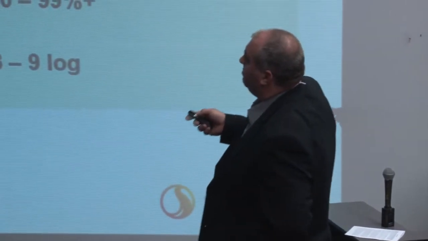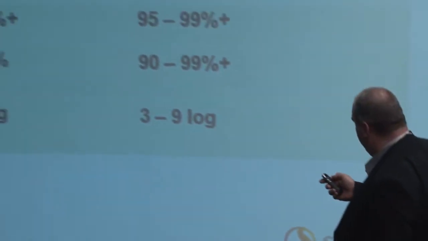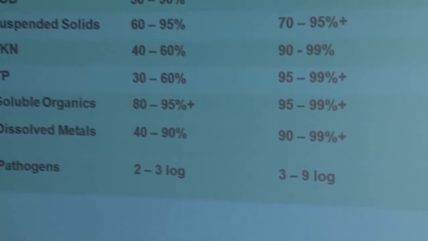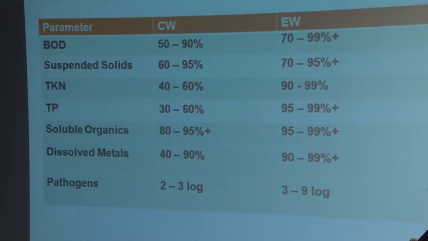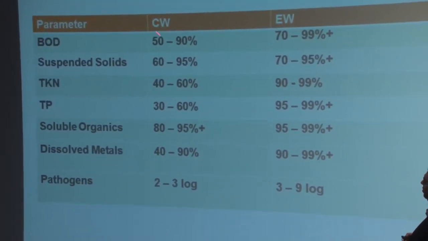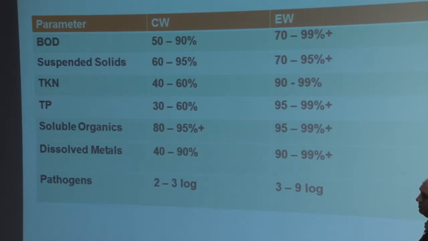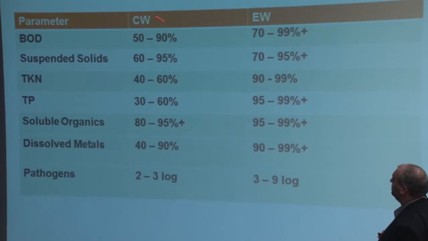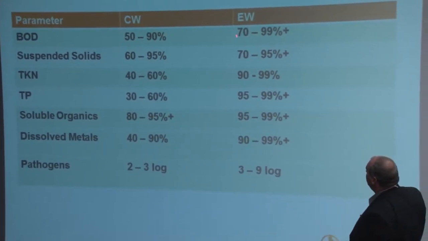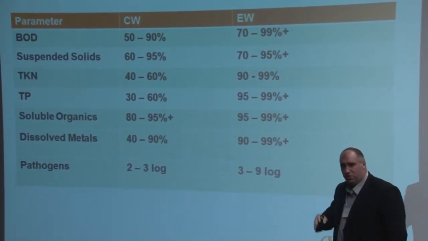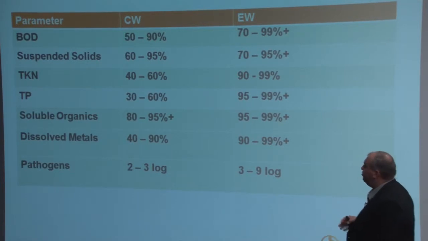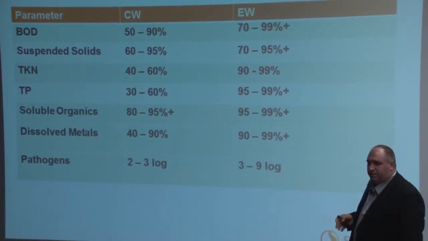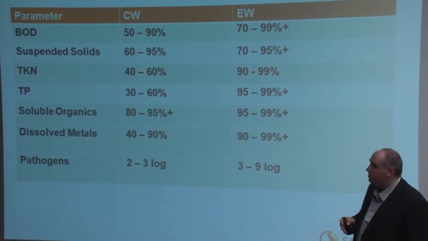So again, we talked about biochemical oxygen demand. Constructed wetlands can do, let's say a moderate improvement in BOD to a very strong improvement in BOD. Engineered wetlands really take that to another level in their ability to significantly reduce biochemical oxygen demand.